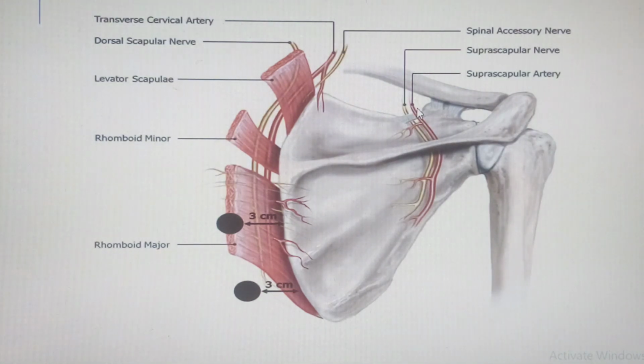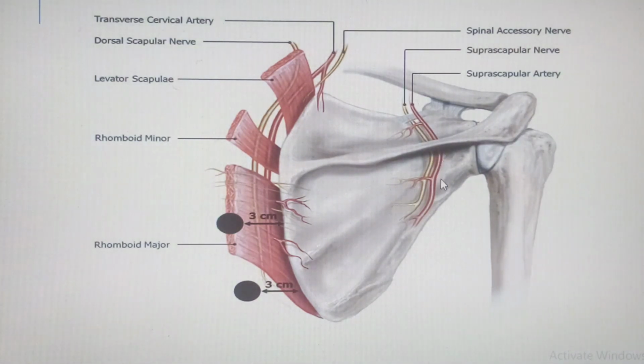These are what we call the suprascapular artery, and then we also have the suprascapular nerve. So we can see the transverse scapular ligament, and running below it will be the suprascapular nerve, and then the suprascapular artery will be running above it at the suprascapular notch.